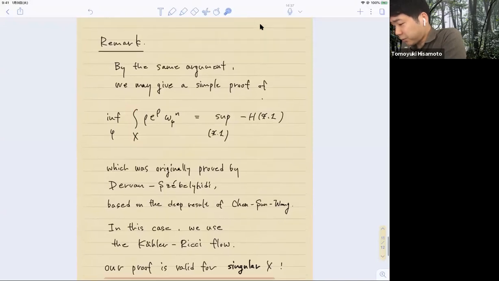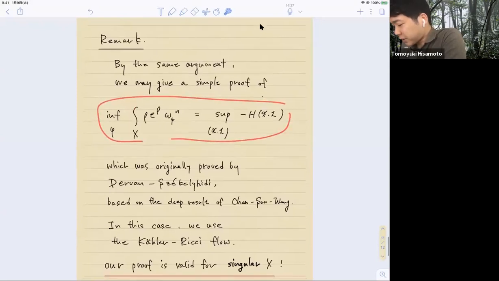And they also proved equality holds using some deep result of Chen-Sun-Wang about the limit of the Kähler-Ricci flow.